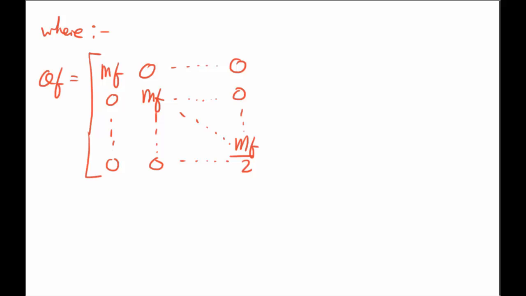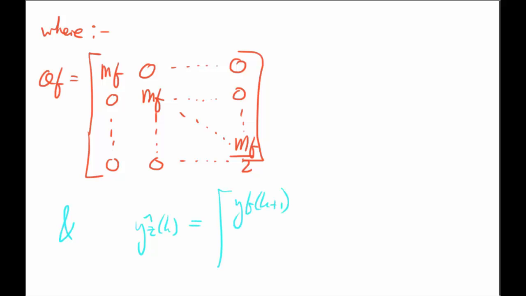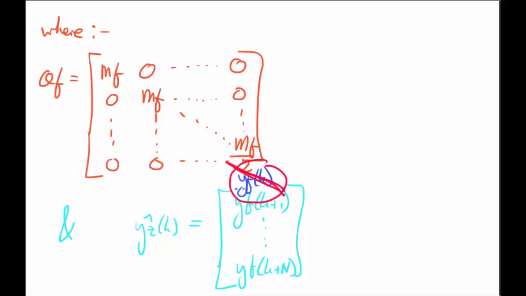And then this last value is MF over 2, because it's the trapezoidal method. And if you included the start of the trapezoidal method in the last video, you would have an MF over 2 at the start on the top left of the QF matrix. So if you put that value into that array of output values, it would be wrong.